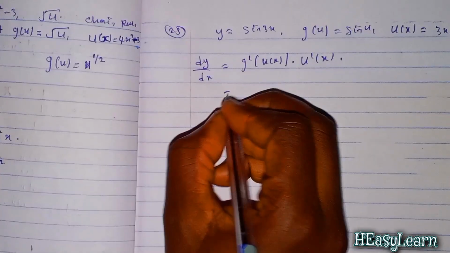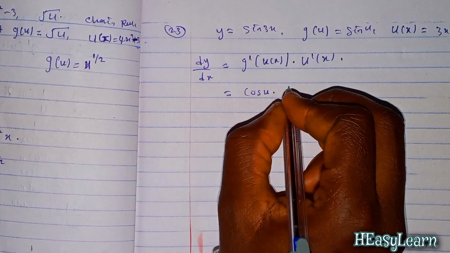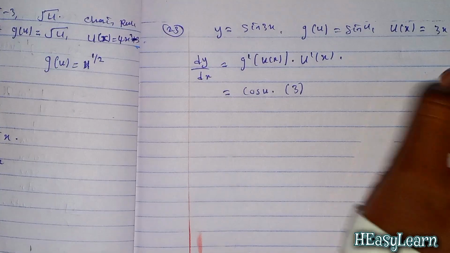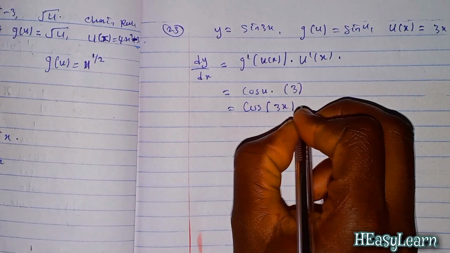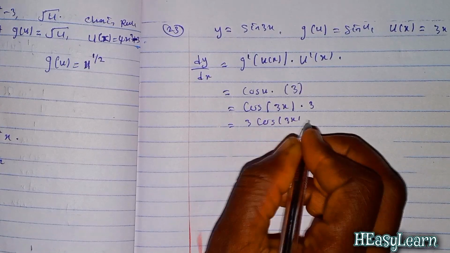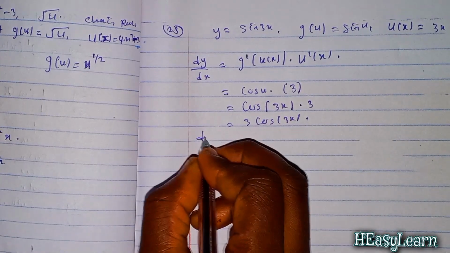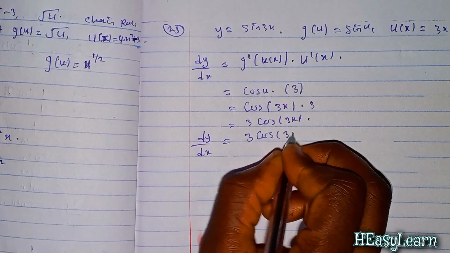The derivative of sine u is cos u multiplied by 3, the derivative of 3x. Then plug in what u is. U is equal to 3x, multiplied by 3. This is 3 cos 3x. So the derivative of this function is equal to 3 cos 3x.